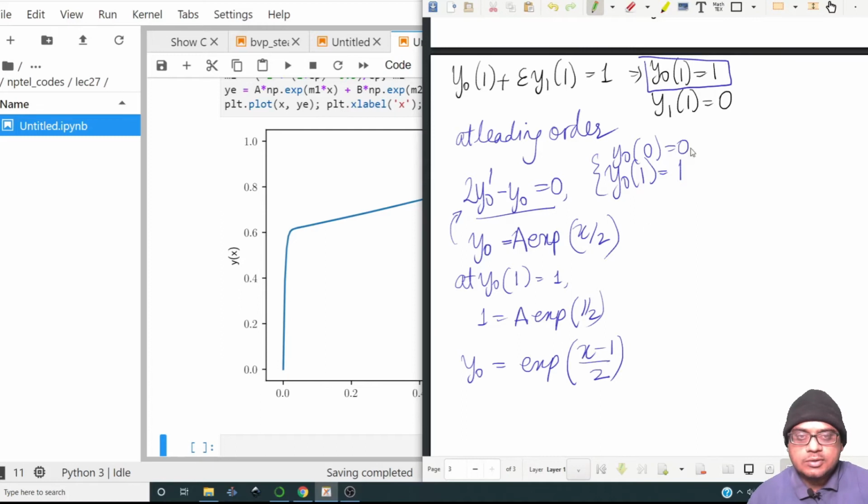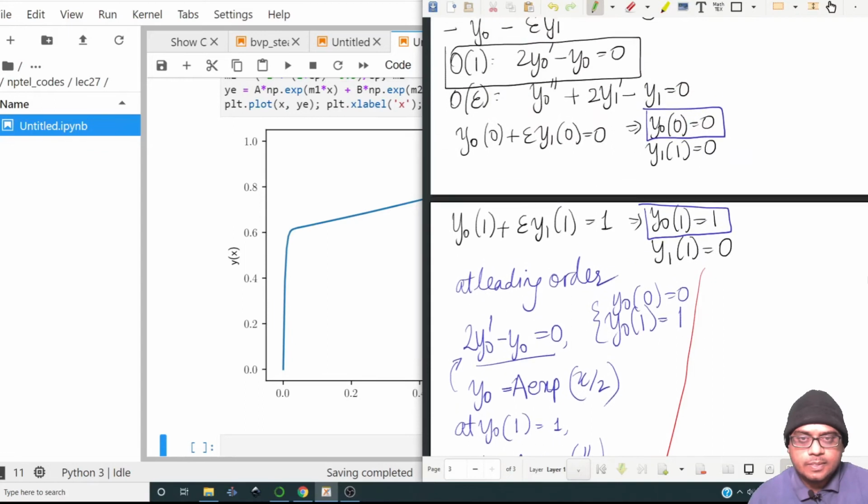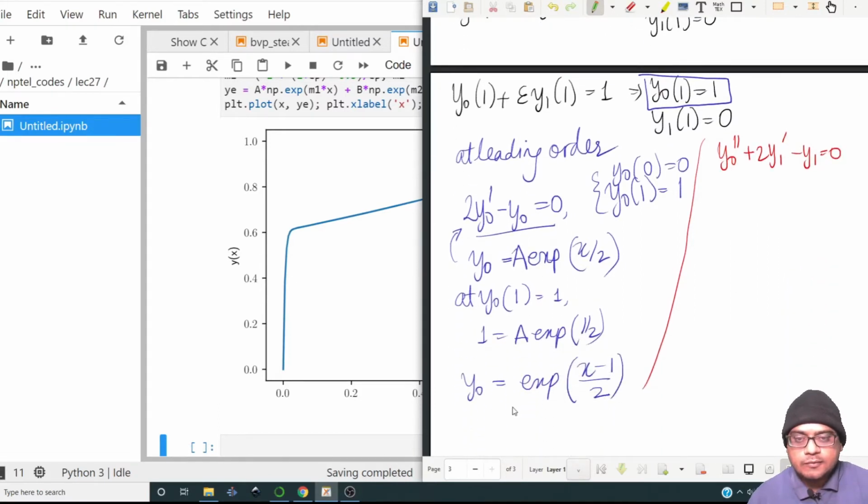Let us now write down the first order equation, which is y0 double prime plus 2 y1 prime minus y1 equal to 0. We already have a solution for y0, and so a second derivative of this will be 1 by 4 times exponential of (x minus 1) by 2 plus 2 y1 prime minus y1 equal to 0.